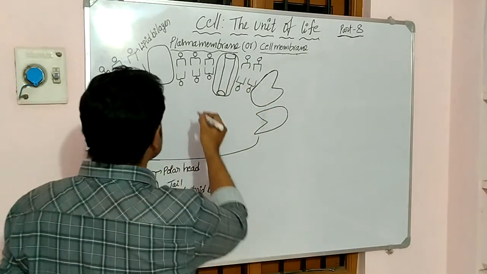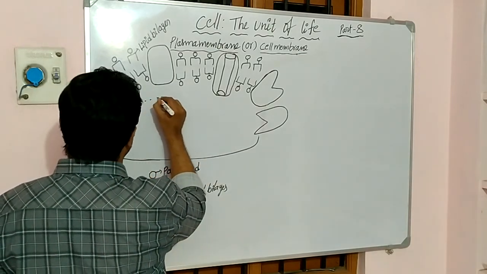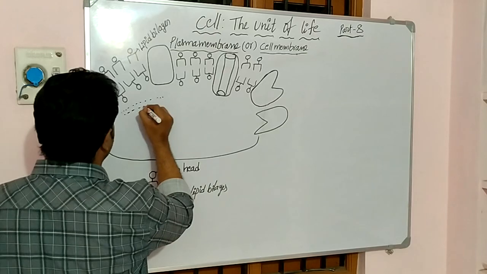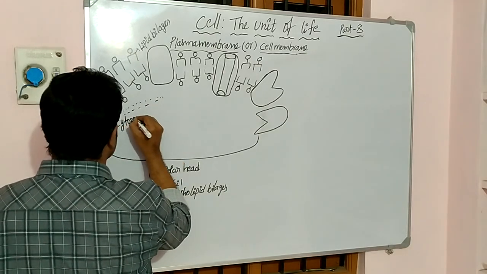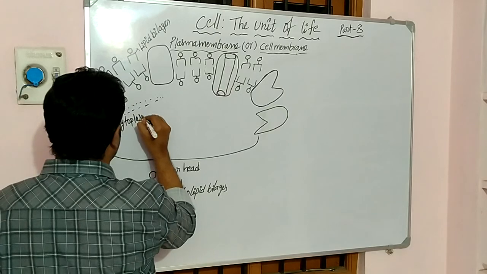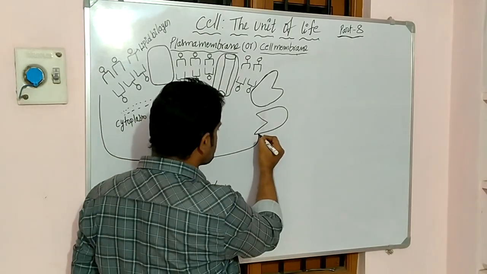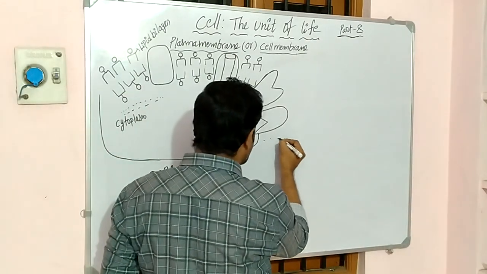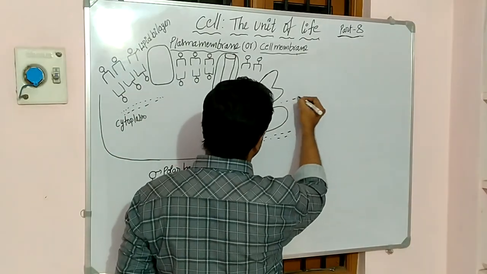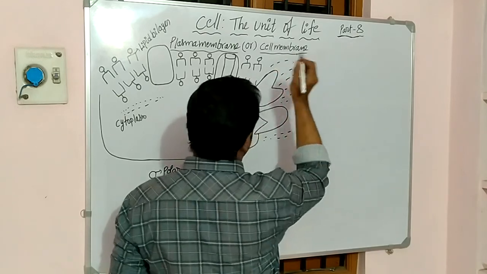Already you know, the inside of the plasma membrane is fully filled with one fluid. What is the name of this fluid? Cytoplasm. Remember, cytoplasm. And outside of the plasma membrane, that means outside of the cell, there is also some fluid.